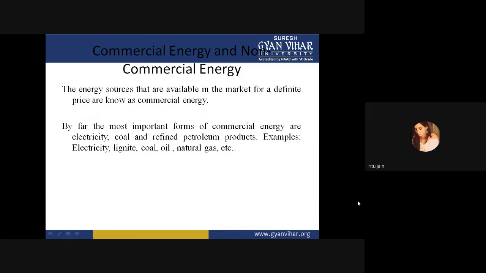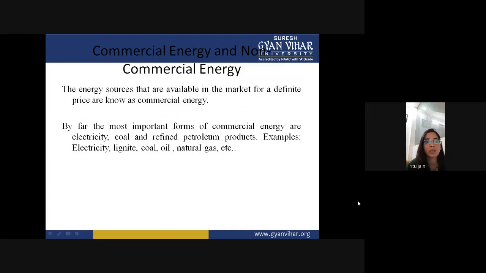By far the most important forms of commercial energy are electricity, coal and refined petroleum products. Examples: electricity, lignite, coal, oil, and natural gas, etc. So basically, why is this called commercial energy? Actually, we are using some kind of fuel.